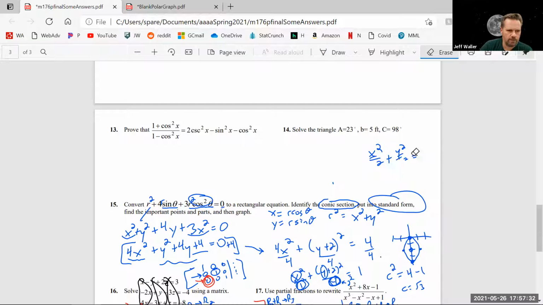So what if I had a rectangular equation? Y equals y over x plus x squared plus y squared. And I want to translate that into polar.